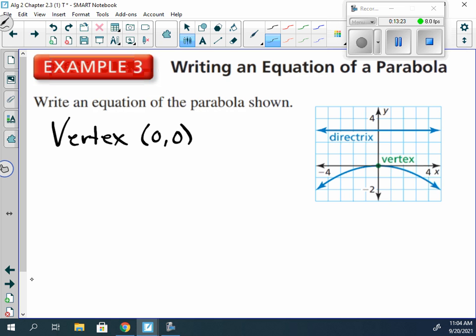Now, we do have the directrix. They gave that to us, yes? Oh, yeah, it says directrix right there, and there's a blue line. So when I have a horizontal line, would that be x equals or y equals?